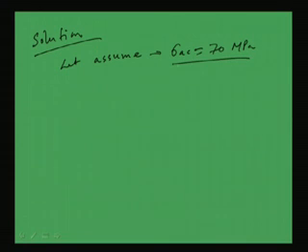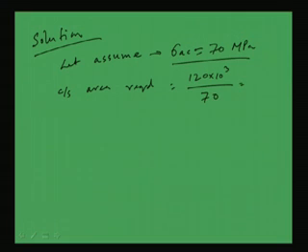If we assume the allowable compressive stress as 70 MPa, then we can find out the cross sectional area required, right. That we can find out as P, which was 120 kilonewton, divided by sigma AC. This is P by sigma AC we are taking.